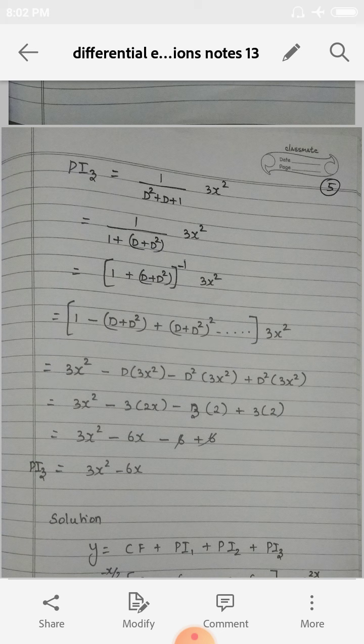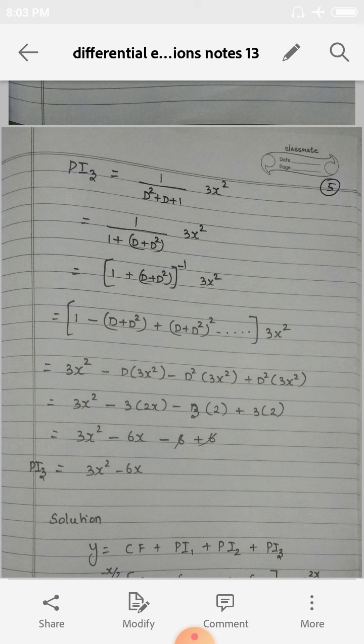So just split using the binomial expansion, we get 1 minus d plus d square plus etc. into 3x square. So again the variable is a square term, we have to take up to square terms. So neglect the higher order cubic terms and power 4 terms. We have to take up to square terms.